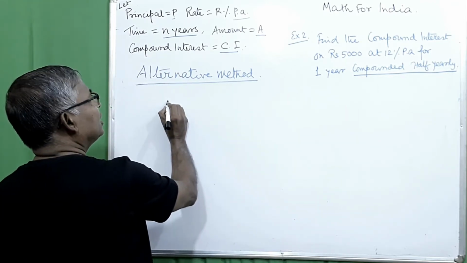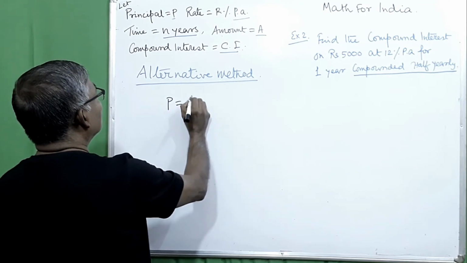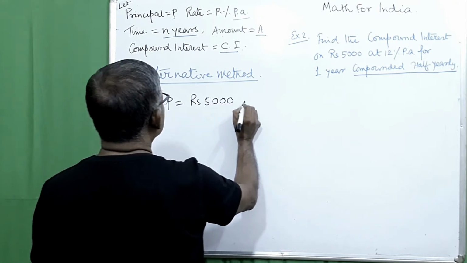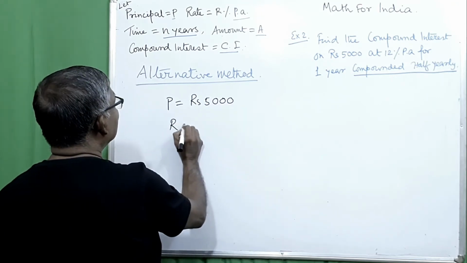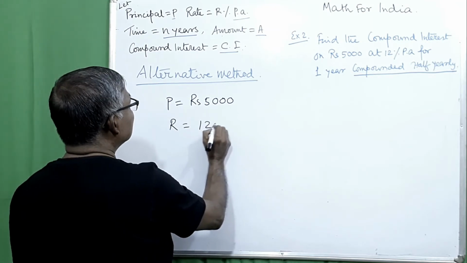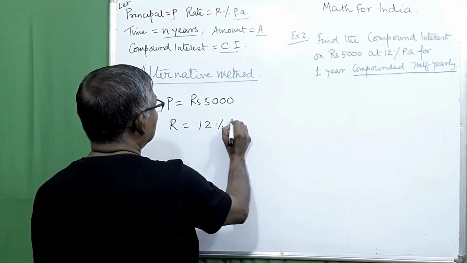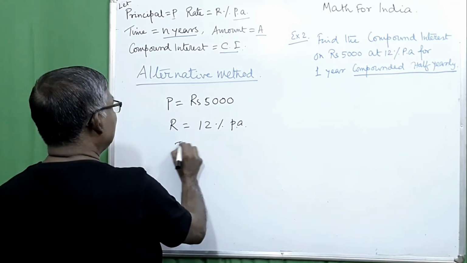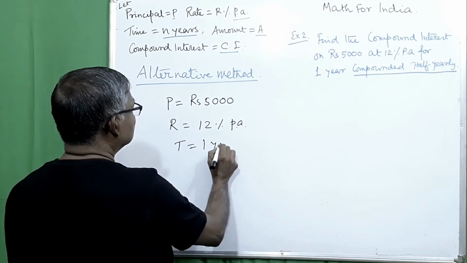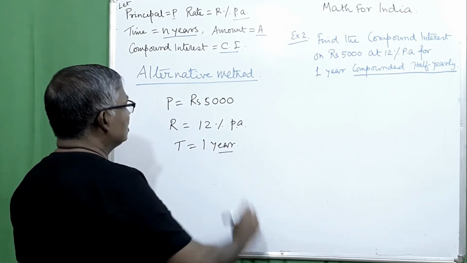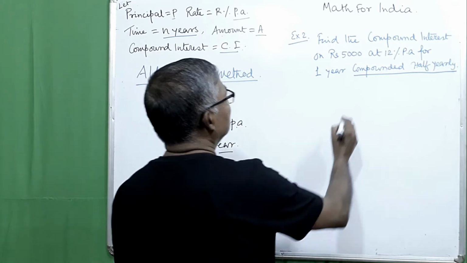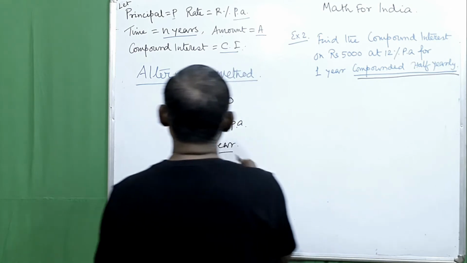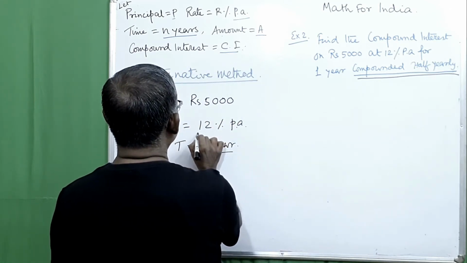Here P equal to rupees 5,000, R is given equal to 12% per annum and time is 1 year. Students, here see interest is compounded half yearly. So what would be the rate?